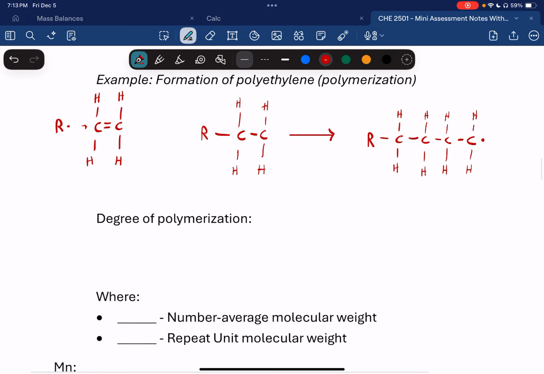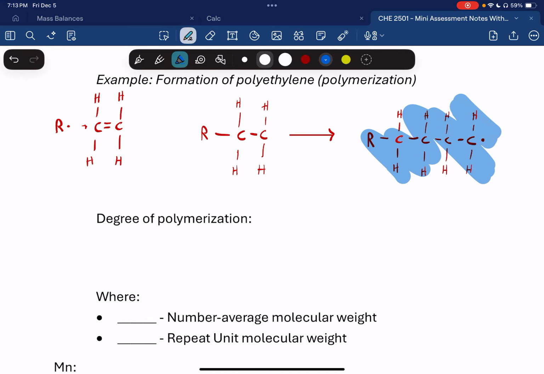So yeah, that's the formation of polyethylene, this group right here. And pretty much it can go on forever. So we can write it as a more general chain actually.